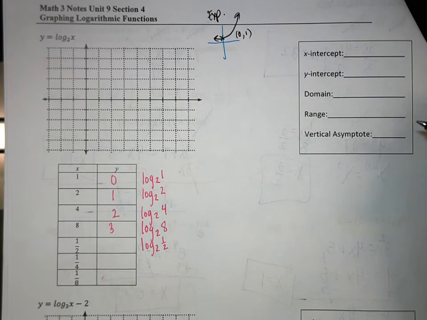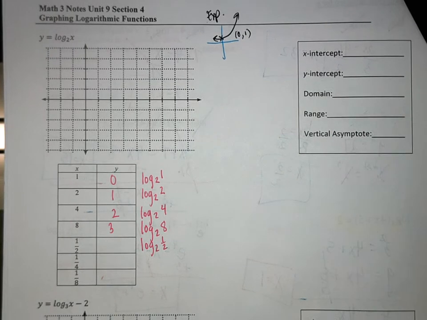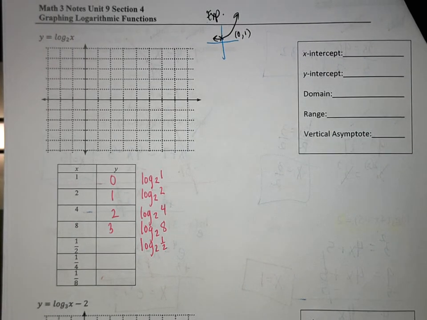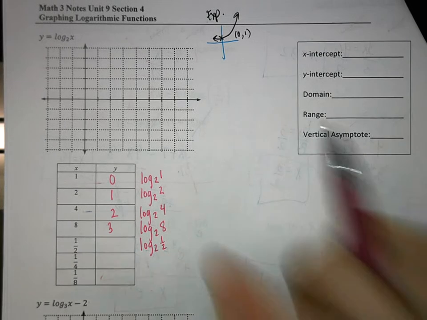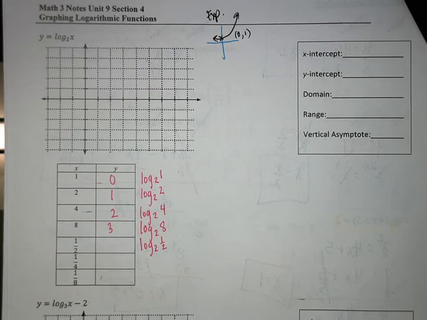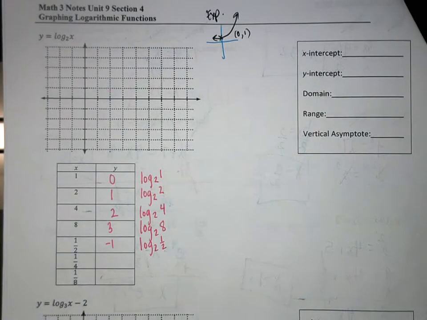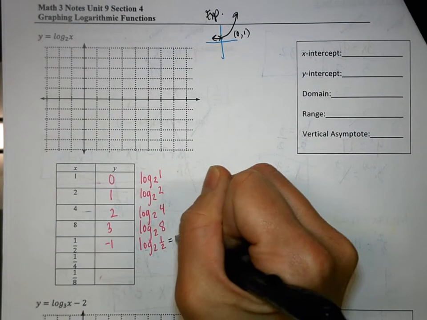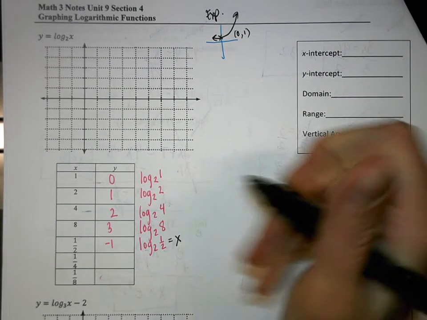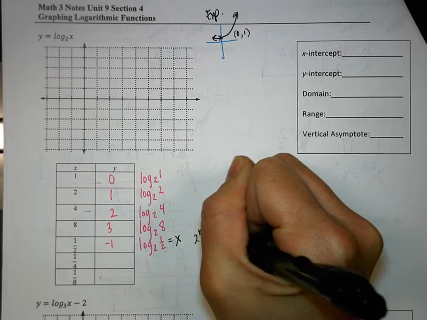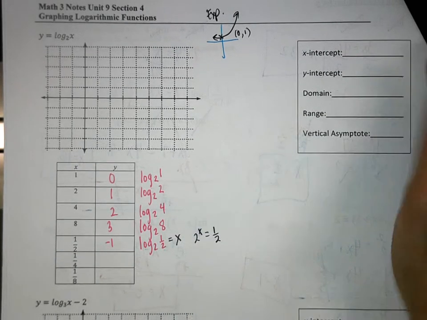What will be log base 2 of a half? 2 to what power makes a half? It's actually going to be -1, right? Because we want to bring the 2 up so it's not a fraction anymore, and in order to do that, it would be a -1. And if you want to see this, you remember how we can always set it equal to x, and then this is saying 2 to the x equals 1/2.